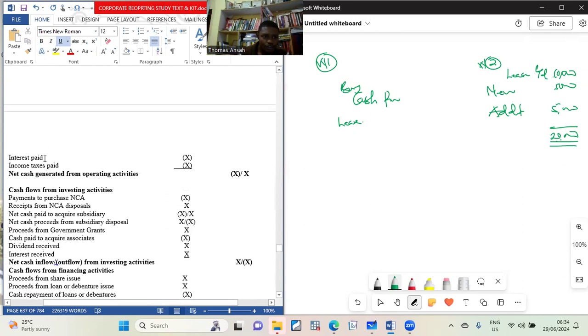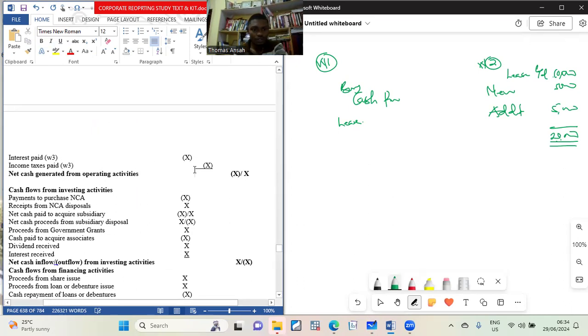So here should come from your workings 3, and the same also for this one. Interest and tax payment will also come from your workings 3.